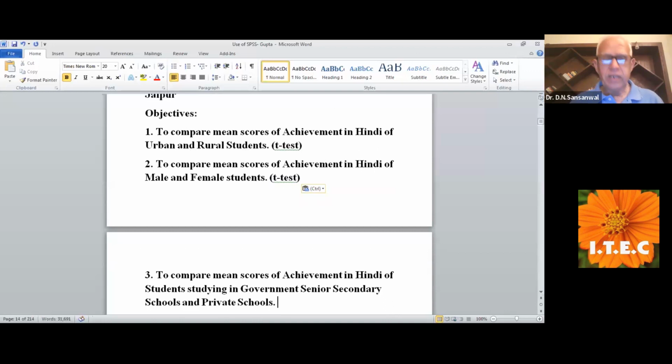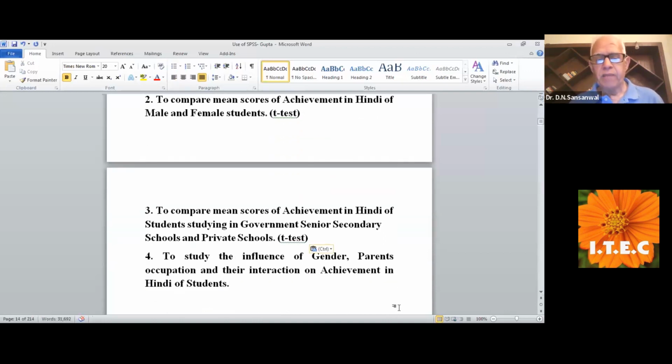For the third, also I have to analyze with the help of t-test. But the fourth one, I cannot. This I do with two-way ANOVA.